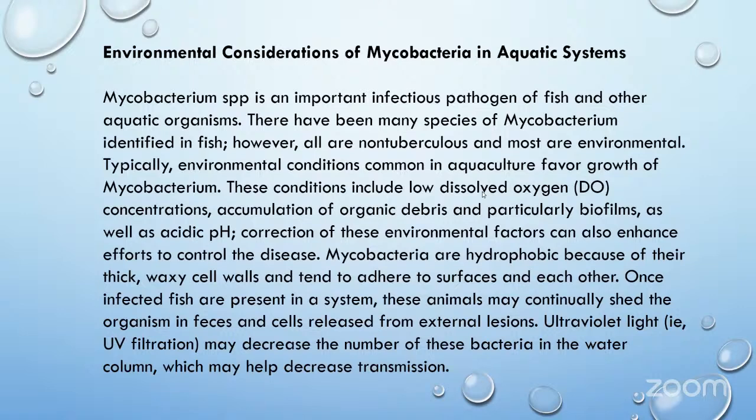These conditions include low dissolved oxygen concentrations, accumulation of organic debris, and particularly biofilms, as well as acidic pH. Correction of these environmental factors can also enhance efforts to control the disease.